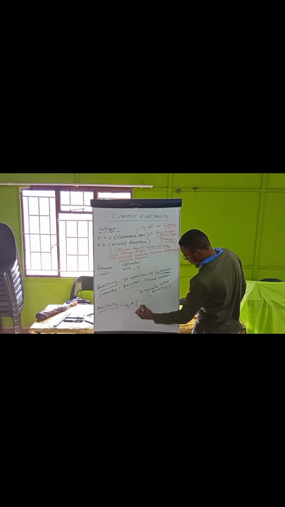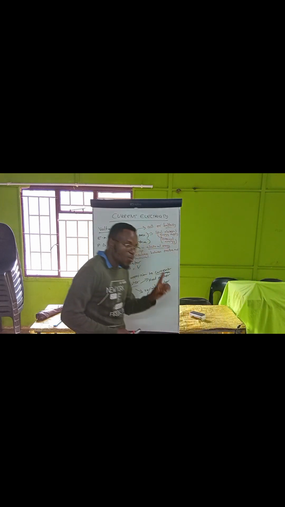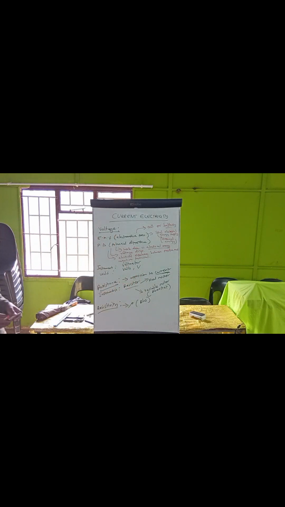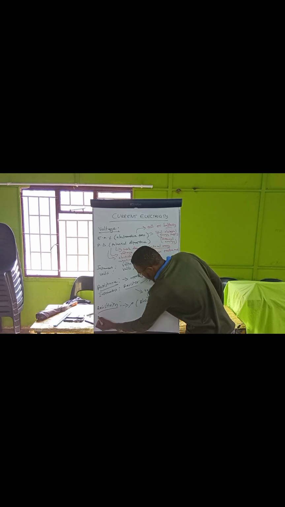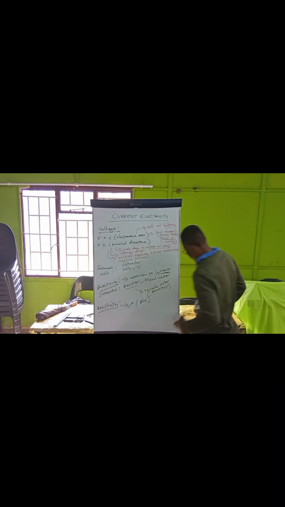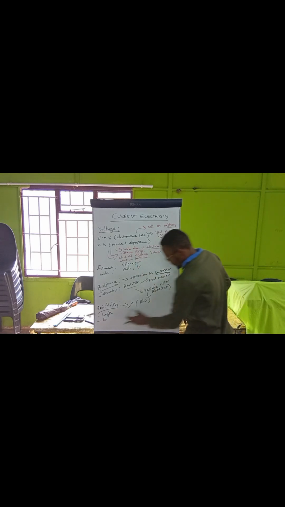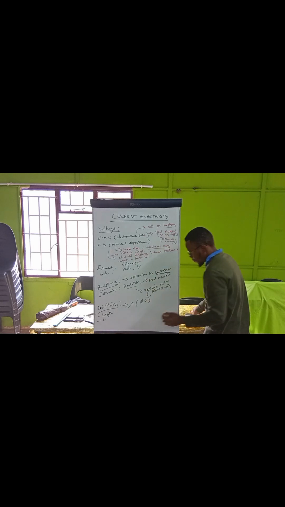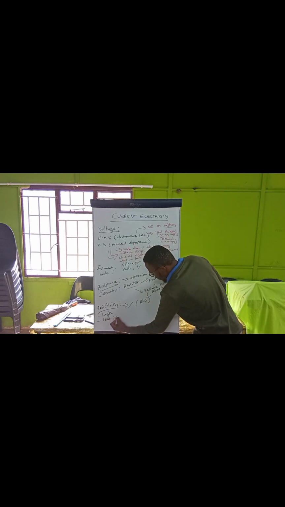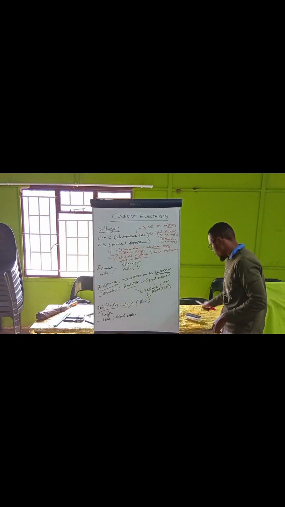It looks like a slanted P. It is affected by two other quantities: length and the cross-sectional area of that material.